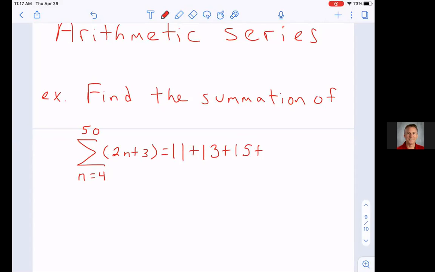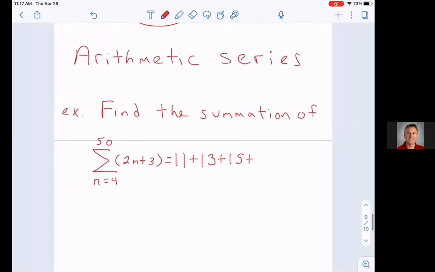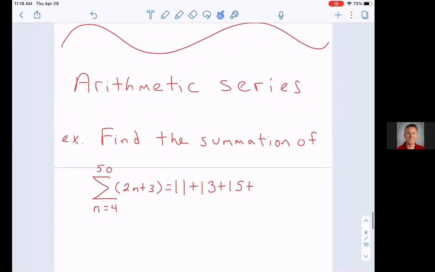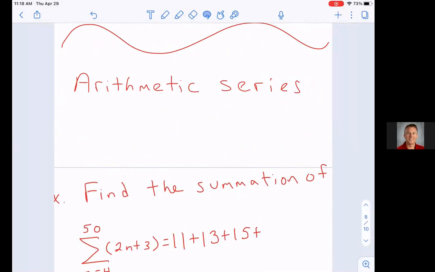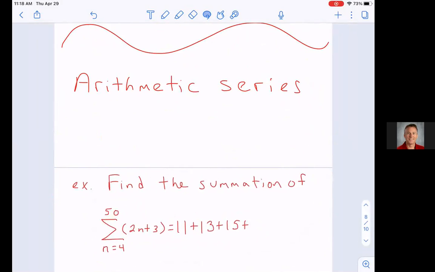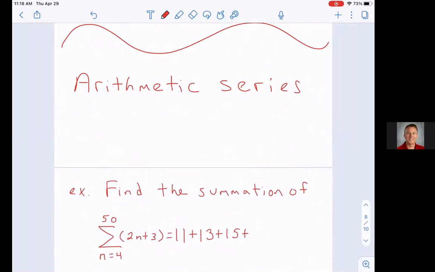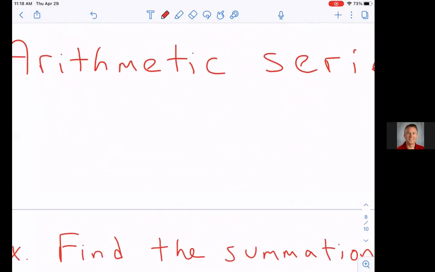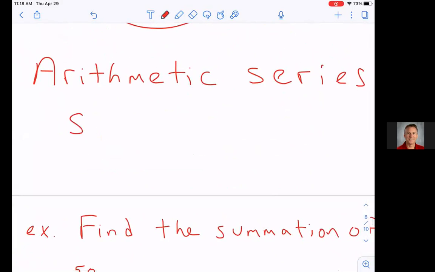So I have a formula for an arithmetic series. I'm going to actually move this down a little bit so I could sneak my formula right under our. All right. So our formula for an arithmetic series is this. S sub n is equal to n times a sub 1 plus a sub n, divided by 2.